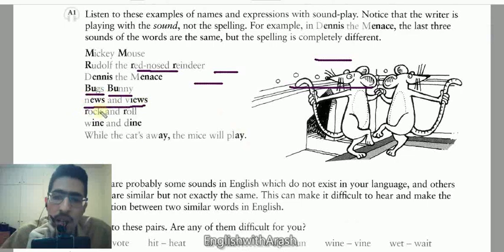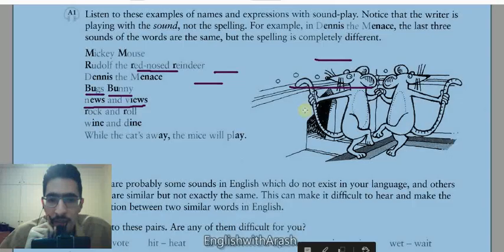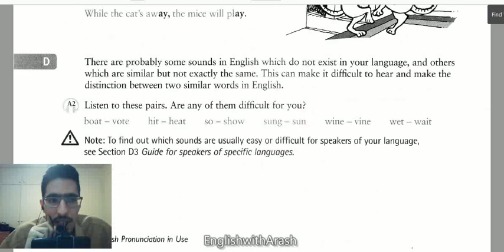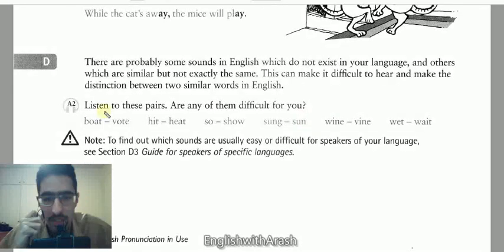But yes, in British they go together, news and views, rock and roll. They look fine together, they sound better, they're a rhyme. So this is the ending part of this, and then we will do some exercise on it, because in this part it's not like tactics for listening, but in the next part it'll be kind of interactive.